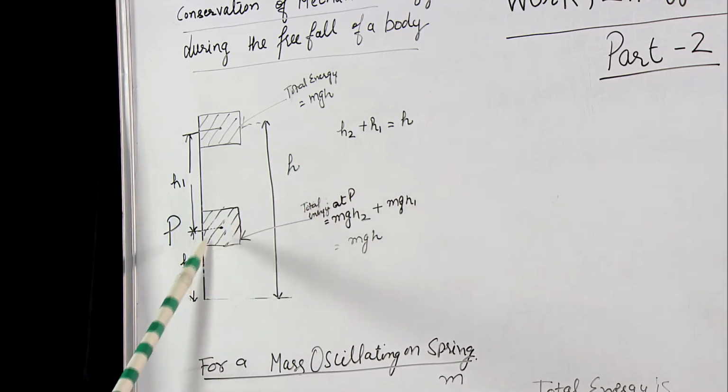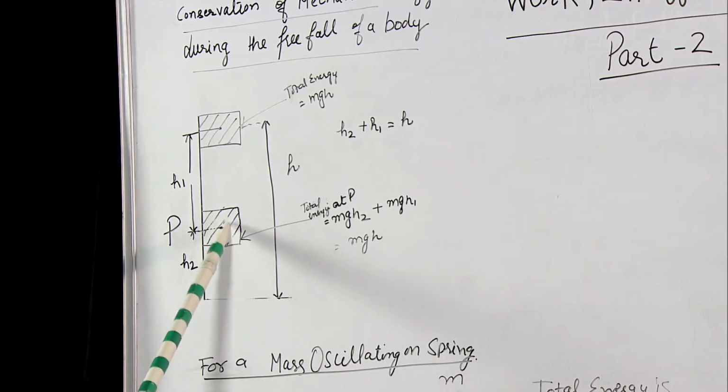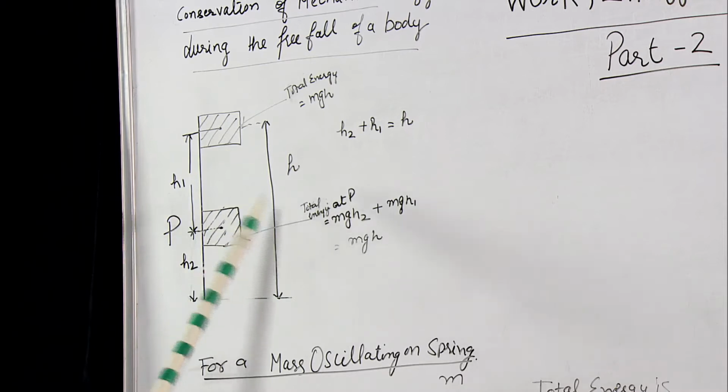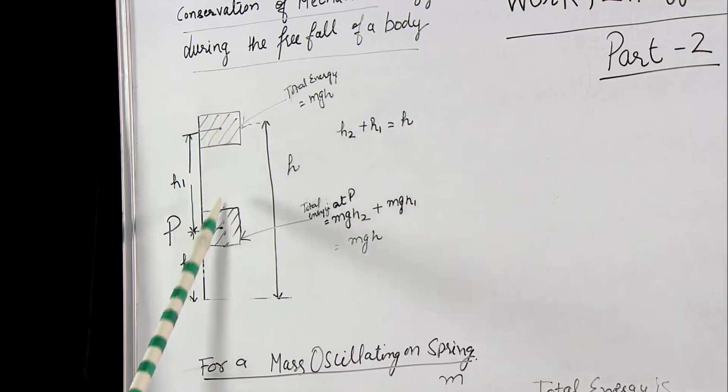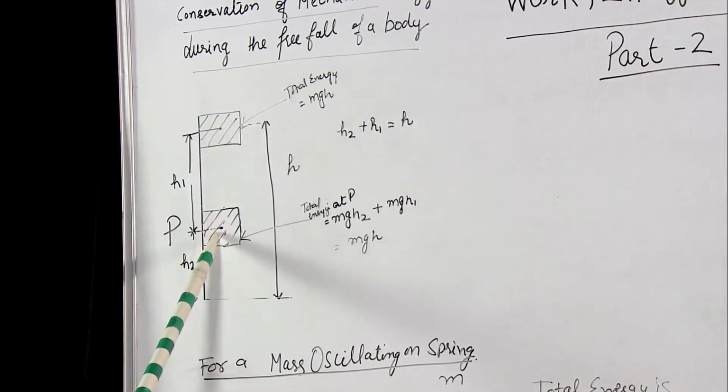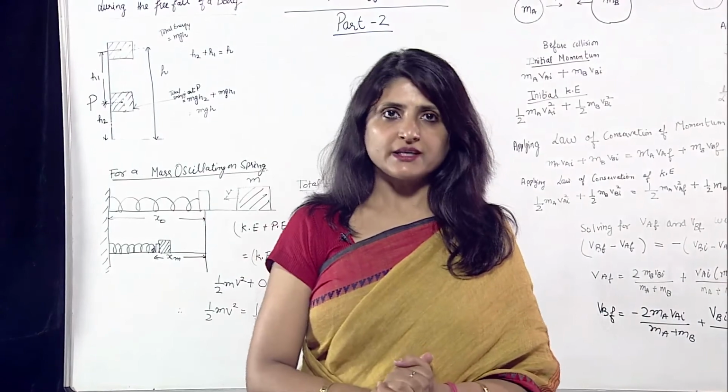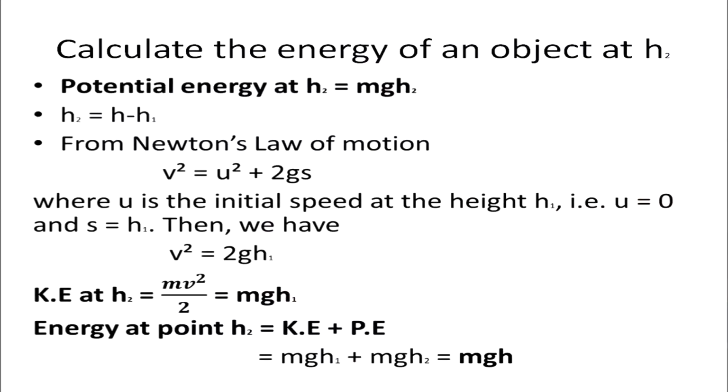Let us calculate the total energy at point P. In this case, the total energy at P is the sum of potential energy due to height h2 and the kinetic energy, because this mass has fallen down through a distance h1. We have the potential energy at h2 equal to mgh2. Using Newton's law of motion, v square is equal to u square plus 2gs.